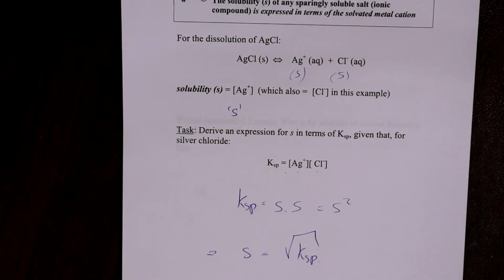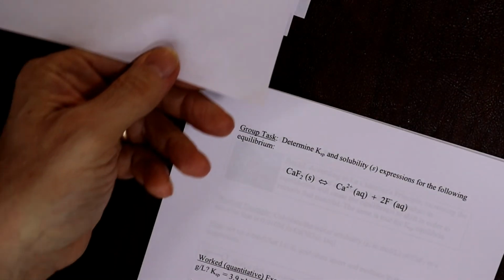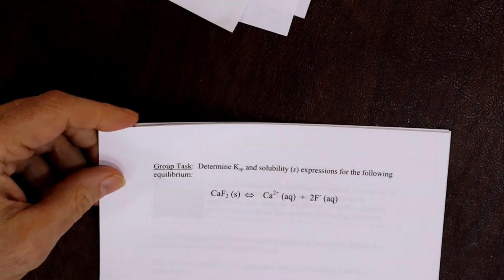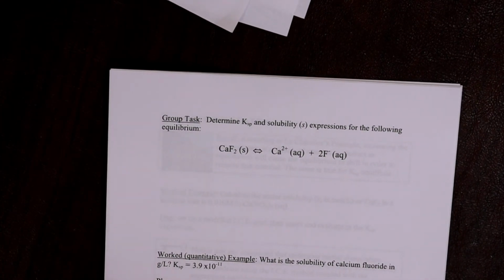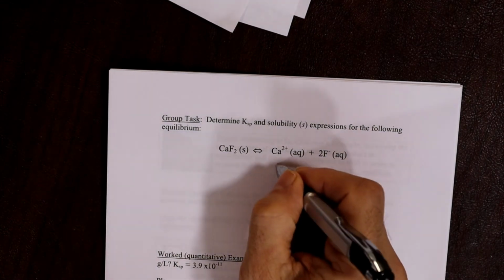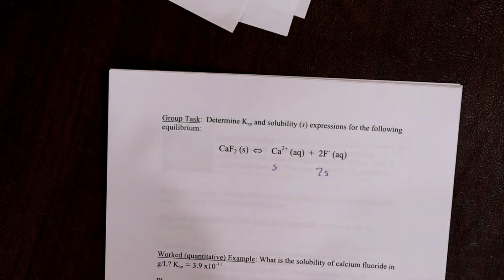Now, that gets a little complicated when we look at things with multiple products, for example. Okay, so determine Ksp and solubility expressions for the following. Here the solubility of the metal is S, and because there's two fluorides, that is 2S.